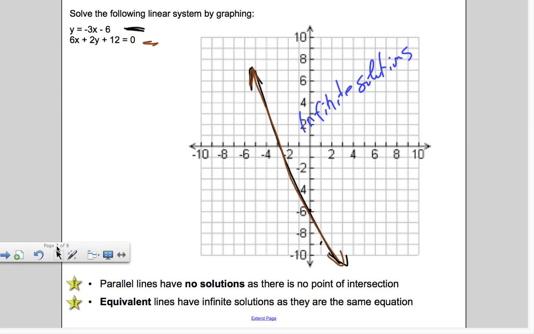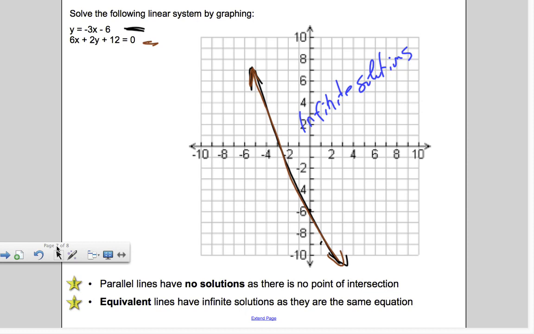So parallel lines have no solutions, as there's no point of intersection.